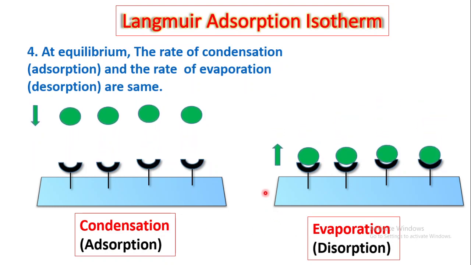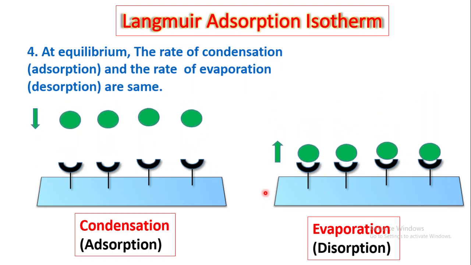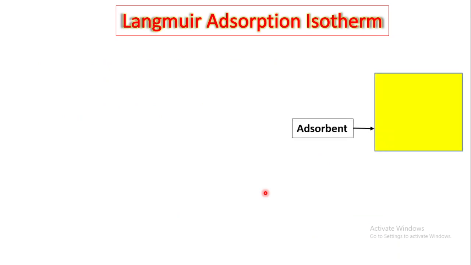Now let us derive the equation for Langmuir adsorption isotherm. Look at the diagram. Here we have the adsorbent, the substance over which adsorption takes place. Let us assume that our adsorbate, the gaseous molecules, get adsorbed on some part of the adsorbent and occupy the fraction theta.